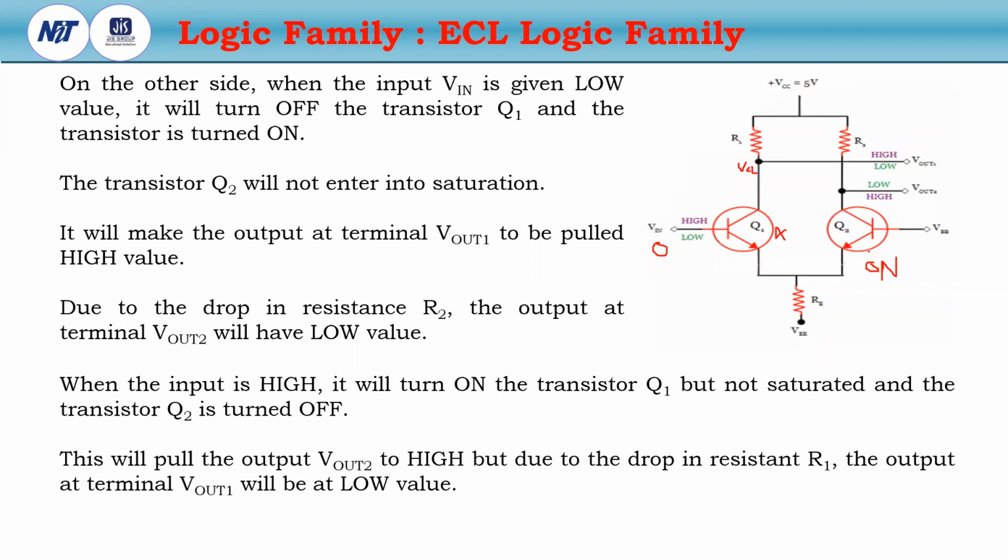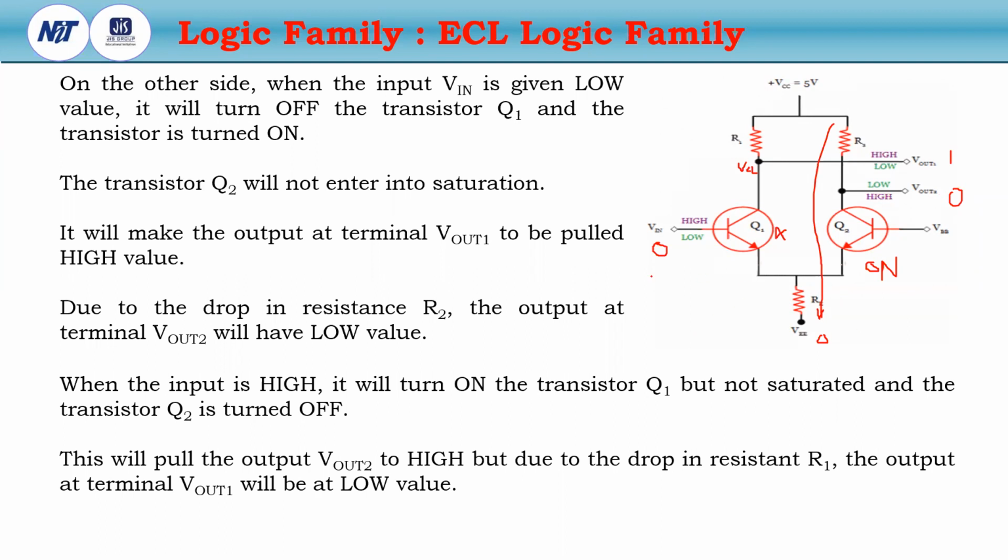Then what happens? The output will be at a low value. Due to this, the current will flow like this, so the output will be 0. So Vout1 will be 1 and Vout2 will be 0.